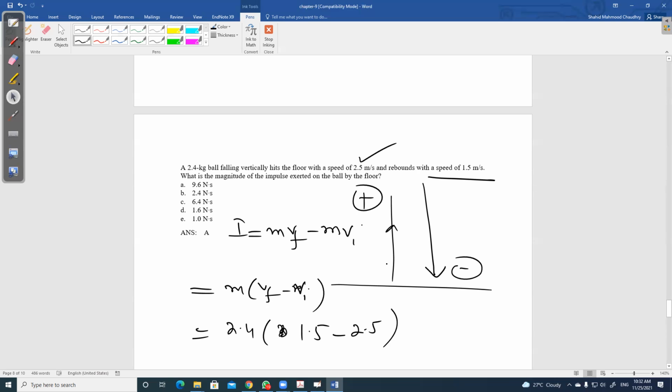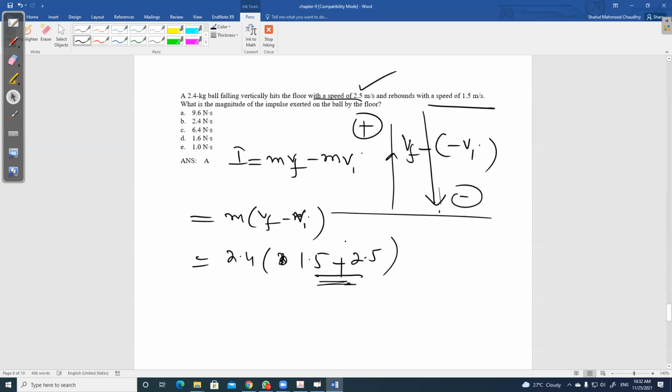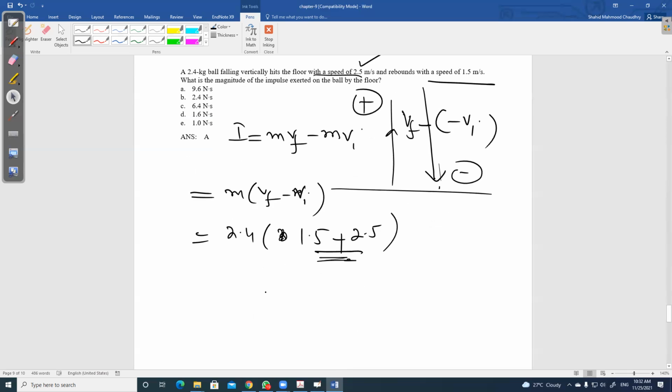If the initial velocity is negative, then it will be plus, because it is striking with negative velocity and going away, and this is final. So final means vf minus of minus vi, so it will be plus. That's why I put plus here. You can solve this one and get the answer.